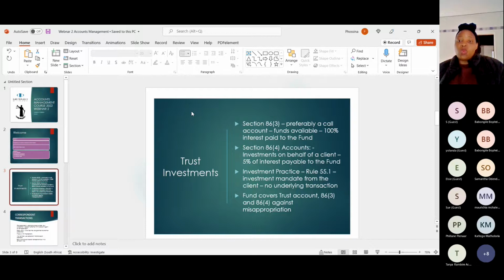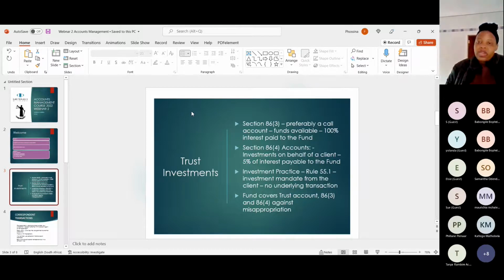Section 86.1 is the one that prescribes that a legal practice is supposed to have a trust account. Section 86.2 is the one that says a trust account must be maintained. So a normal trust account is referred to as a section 86.2, which we discussed previously.